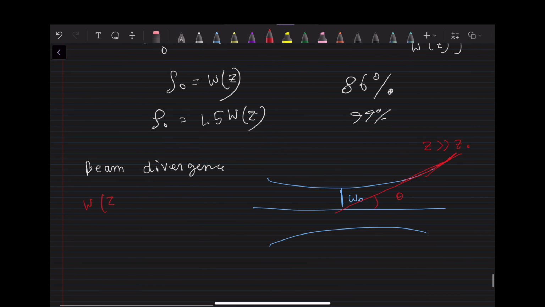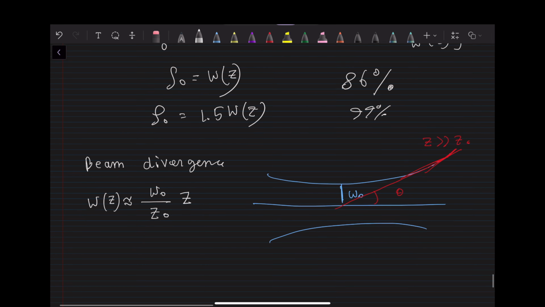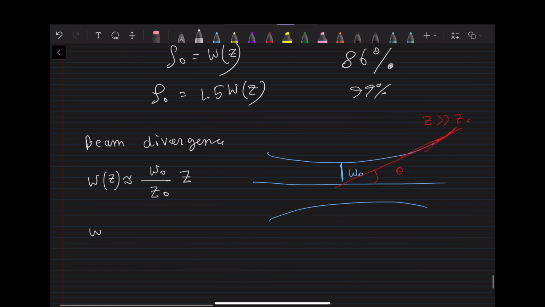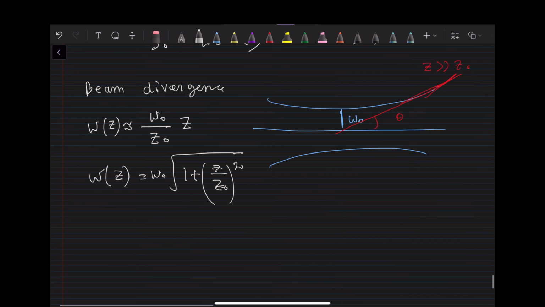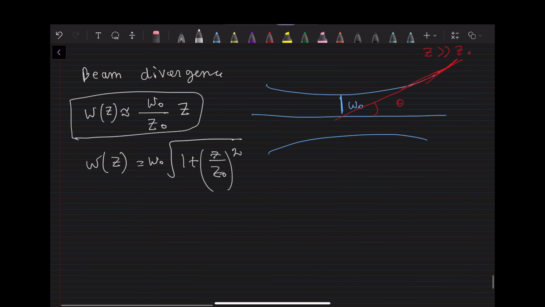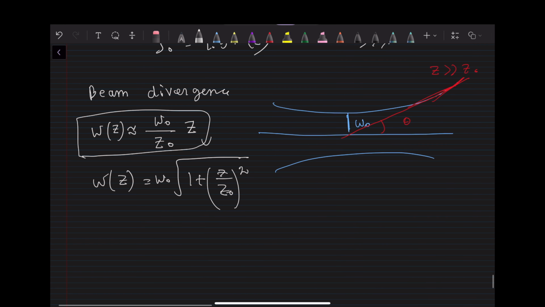So we can have, okay, let me change it. So let me do it completely. So that's the expression we had, right? So we have just expanded it and arrived at this approximation.